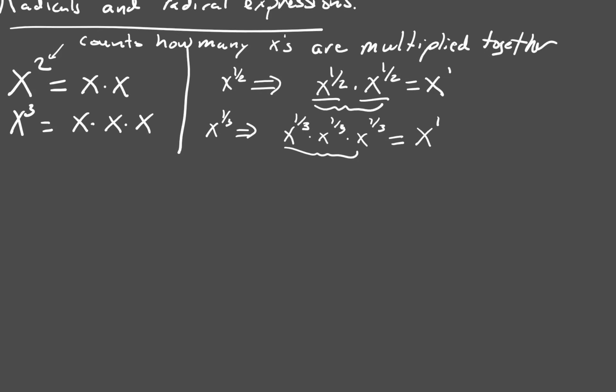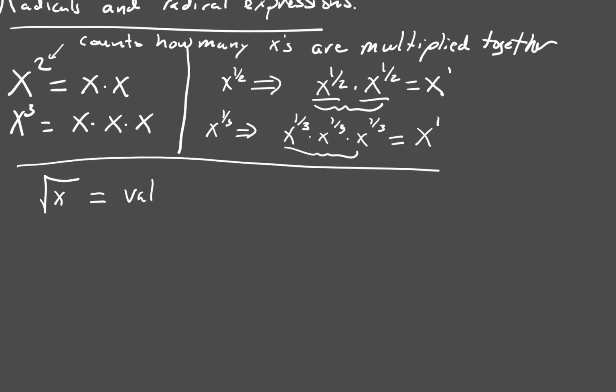Okay, this is where you see now we've got square roots and cube roots. Those are the exact same thing. The square root of a number, this is the value that we need to multiply together twice by itself, right, to get to x.